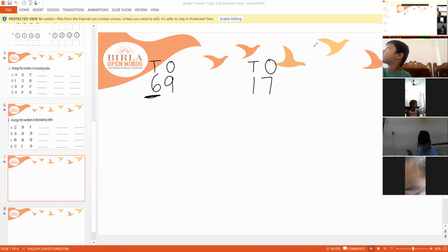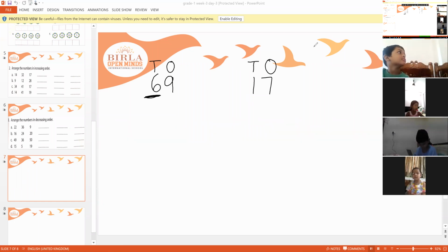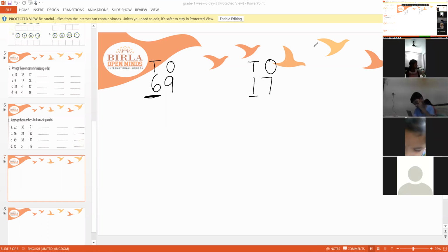If we talk about the number 69, in tens place we have 6, and if we move to the number 17, in tens place we have 1. Again I'm repeating children, when you want to compare the two digit numbers, always first compare the number in tens place.